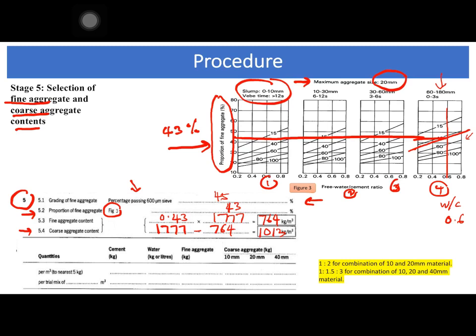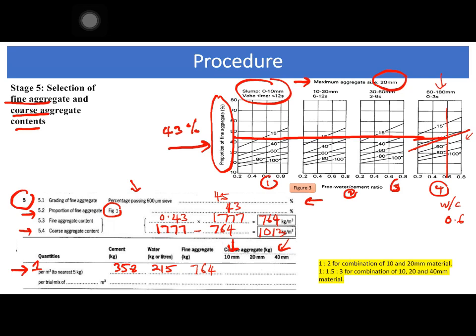Alright, so now you can write here. Now we have calculated for 1 meter cube. So cement content just now is 358 kg, water is 215, and then fine is 674. Okay, so now based on this coarse aggregate, if we have a maximum 20 mm, definitely we're going to have 10 mm.